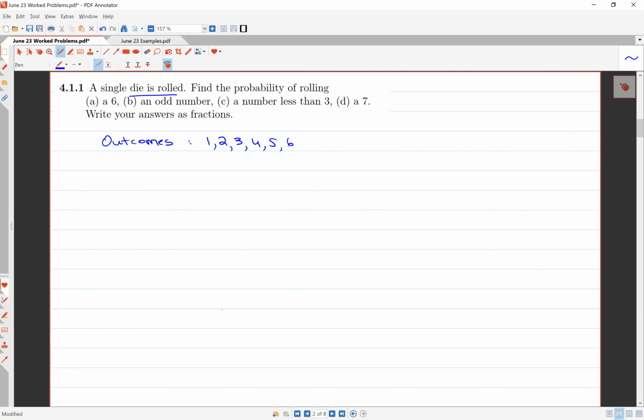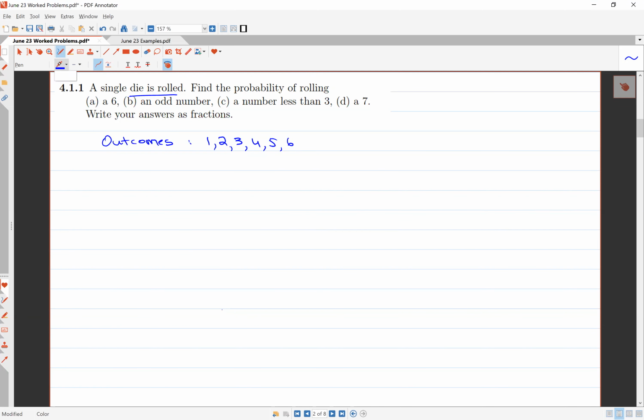Casinos have historically sometimes used weighted dice so that they don't land fairly, and that's an illegal practice. But there are dice that are weighted in such a way that the 6 sides are not equally likely. We're just going to assume the 6 sides are all equally likely. So there are 6 outcomes, all equally likely.